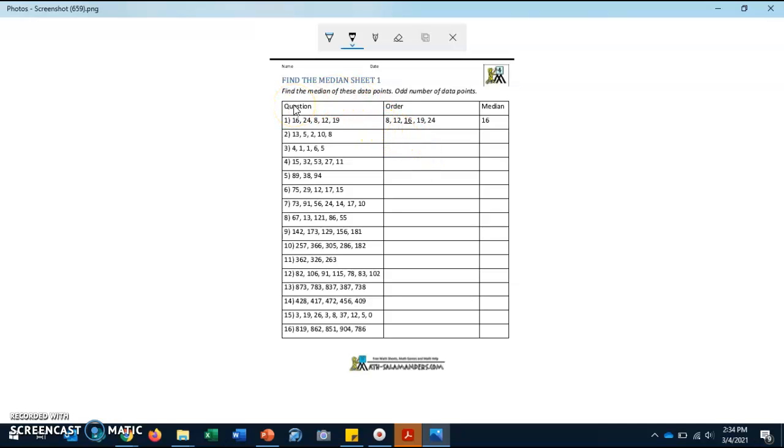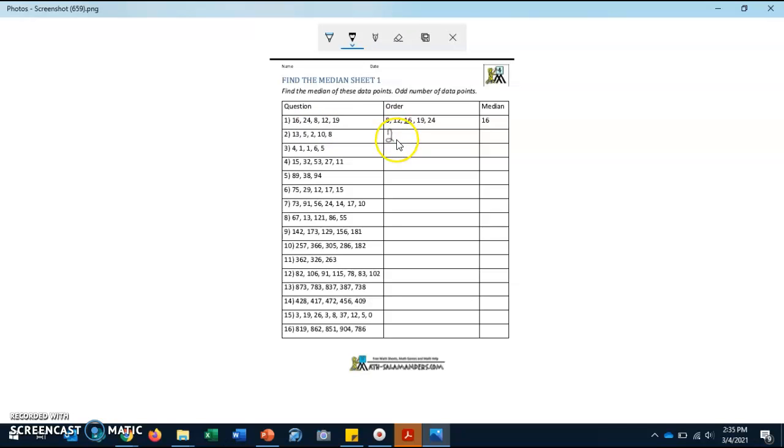So let's just put the numbers in order and then we can figure out the rest. So first, from these 5 numbers right here, we need to see which one is the smallest. So we know that 2 should go first.